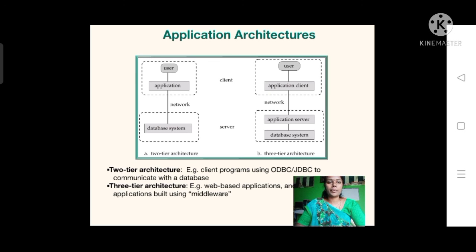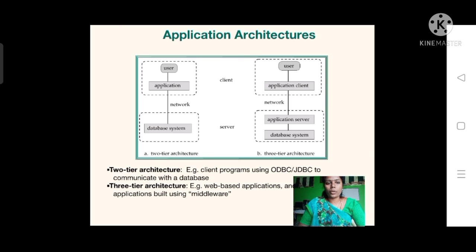The next one is the application architecture. There are two different types of architecture given here: the two-tier architecture and the three-tier architecture. The two-tier architecture is a client program using ODBC, that is Open Database Connectivity, and JDBC, which is Java Database Connectivity, to communicate with the database.